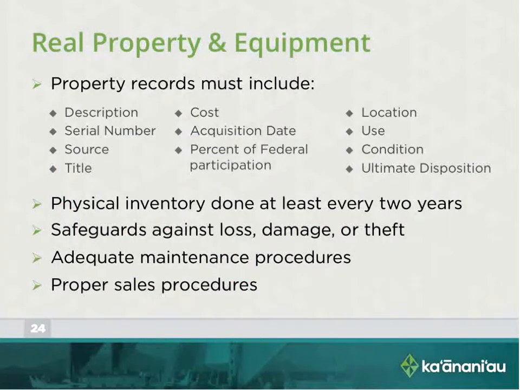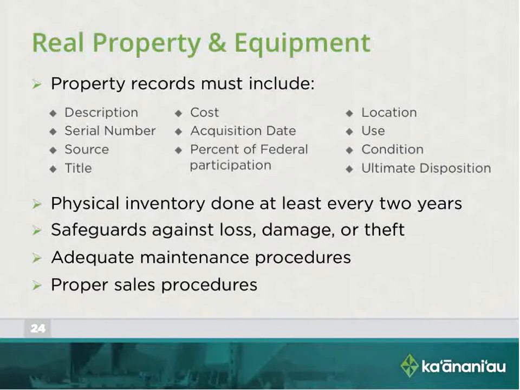Okay, there are very specific property records that have to be kept. And it's important to know what those are. Usually everybody keeps the description, the serial number, who bought it, who has title to it, what the cost is, and the acquisition date. This one I always see forgotten, and that's percent of federal participation.